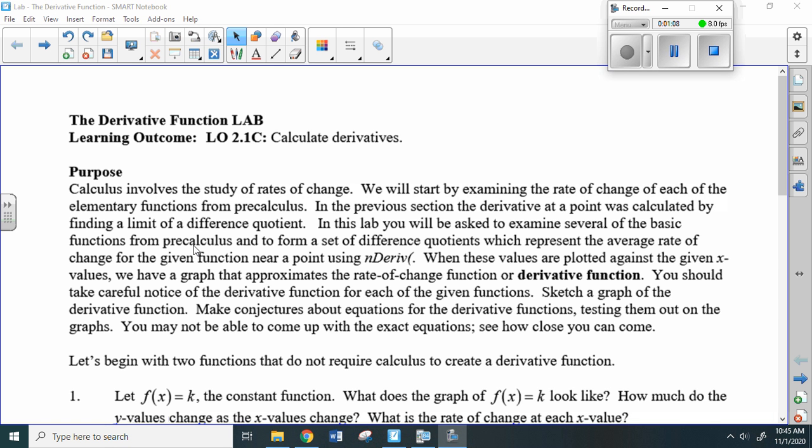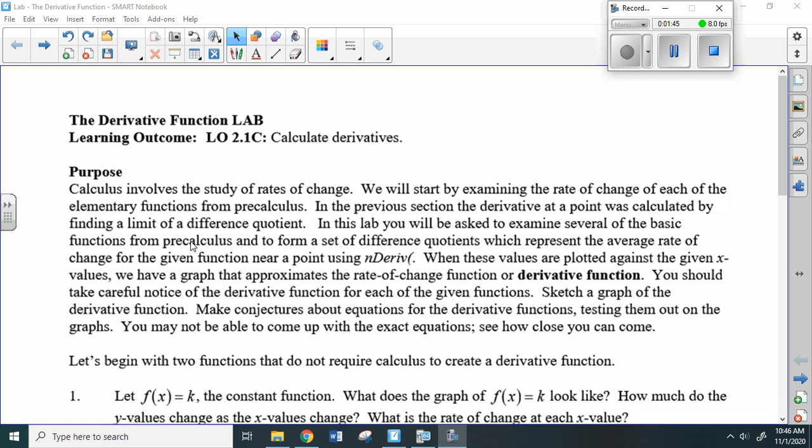The purpose here is to study the rates of change, because that's what calculus involves. We're going to start by examining the rate of change of each of the elementary functions from pre-calculus. If you think back to exploration 3-1, where we discovered the derivative at a point and calculated it by finding the limit of a difference quotient, essentially that's what's going to be happening in this lab, but we're going to be using the calculator to find those difference quotients.